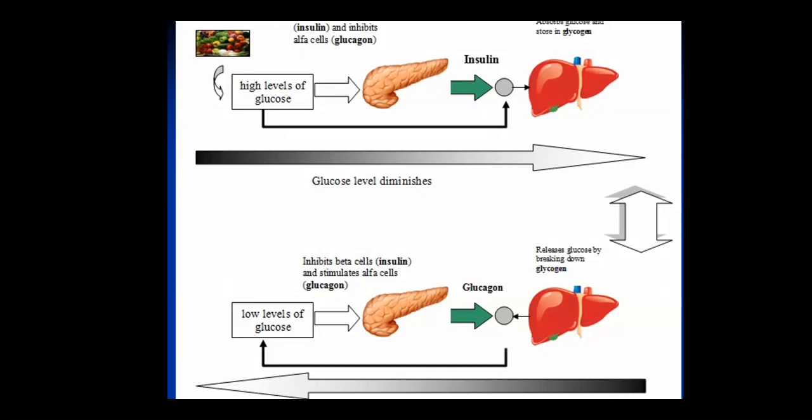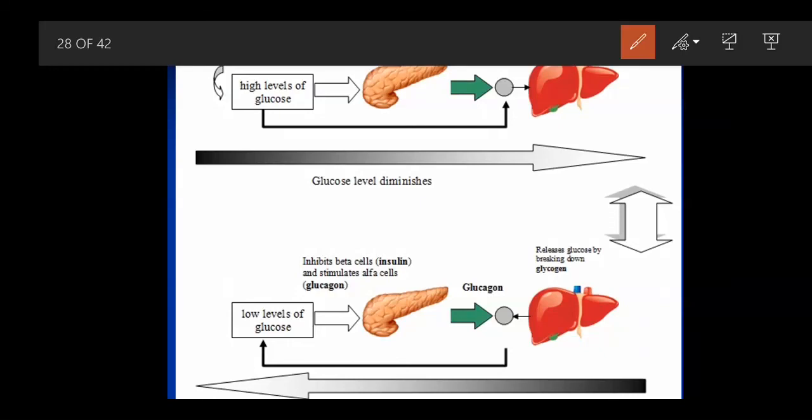In the pancreas, the production of glucagon and insulin happens, but these two hormones work in the liver, and in the liver there are normally two types of cells. We have the ones that we call beta cells and those that we call alpha cells.